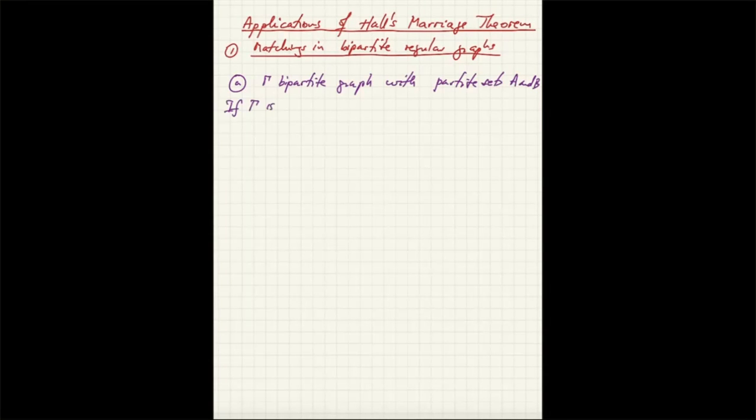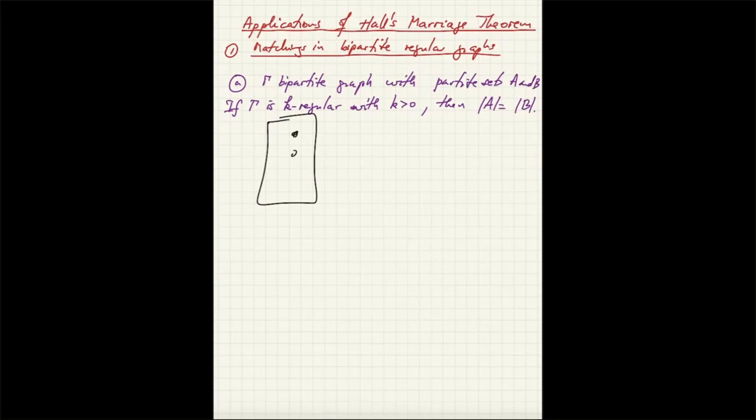If gamma is k-regular, so each vertex has degree k, with k being positive, then the two sides, A and B, have the same cardinality. So if you have a bipartite regular graph of positive valency, then the two sides of the graph must have the same cardinality.